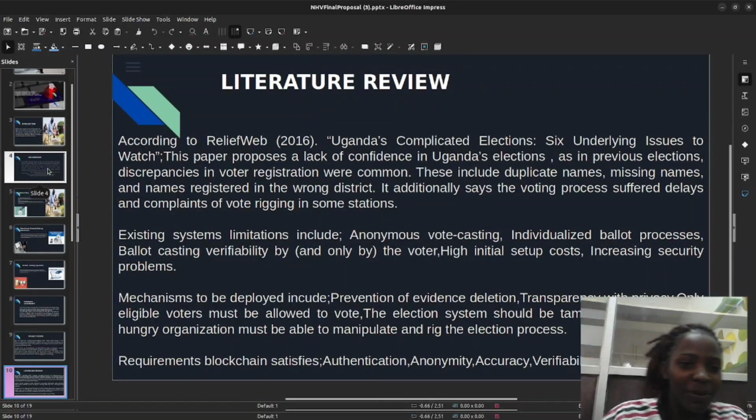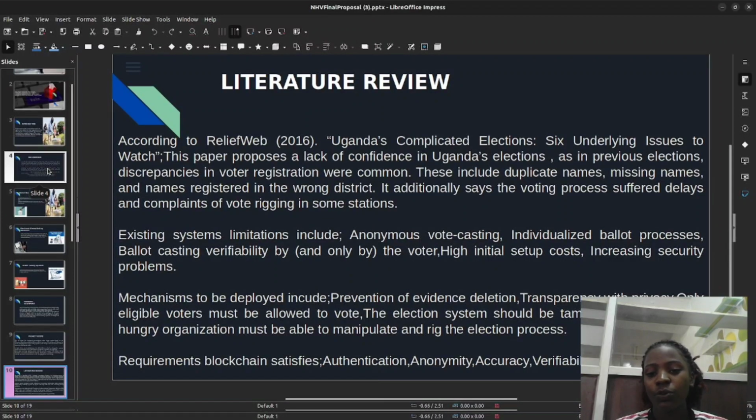Okay, so when we go to the literature review, we carried out a review of a number of documents, among which we focused a lot on the Ugandan elections. According to ReliefWeb of 2016, we discovered there are lots of issues that have caused people to mistrust the election system in Uganda.